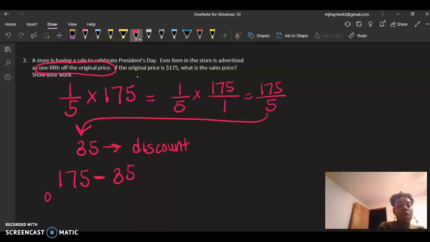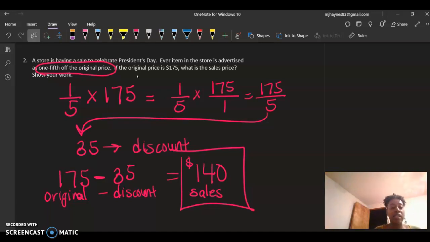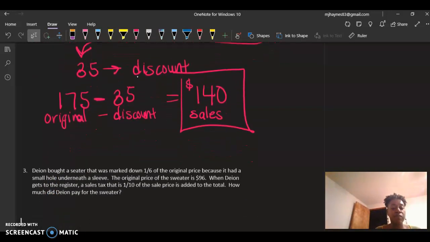This is your original price minus your discount, and you're left with the sales price. And 175 minus 35 is 140. So your sales price for your item in that store is $140. There is another shorter way that several of you did, but I'm just sharing this way with you. All right, take a minute, read number 3.